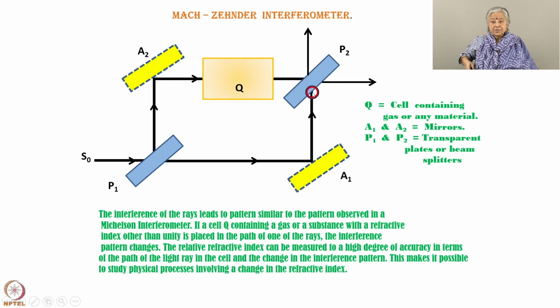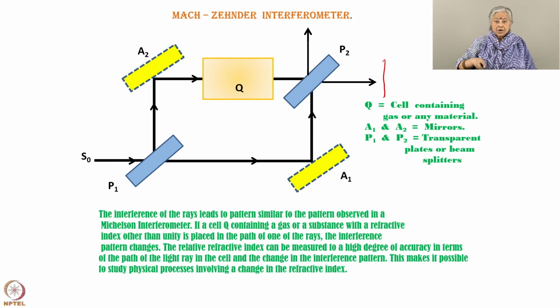Suppose this cell Q was not there. It was a plane beam here, and I will get an interference pattern here, because these two waves combine. I can get an interference pattern here as well, because P is a transparent plate, so part of it goes here and part of it goes here. In both places I will get an interference pattern if I keep a detector or a screen here. This is a screen.